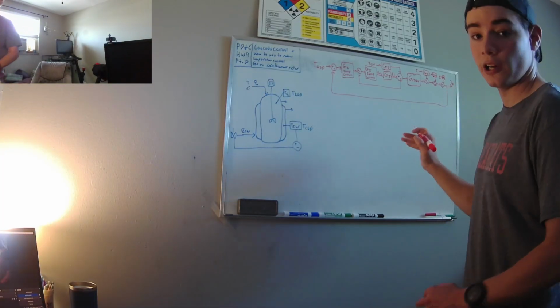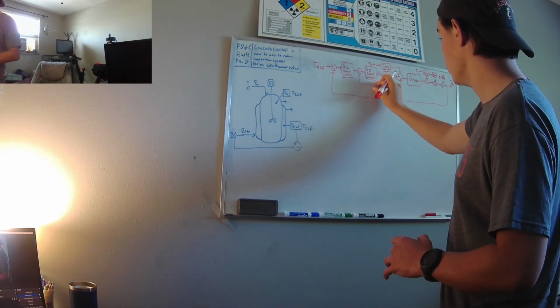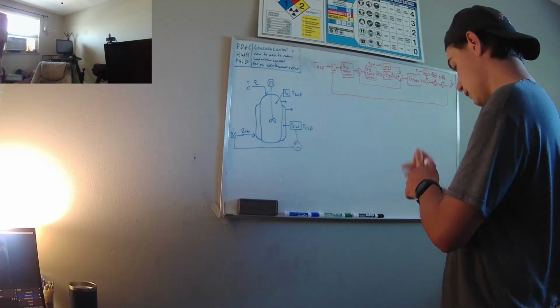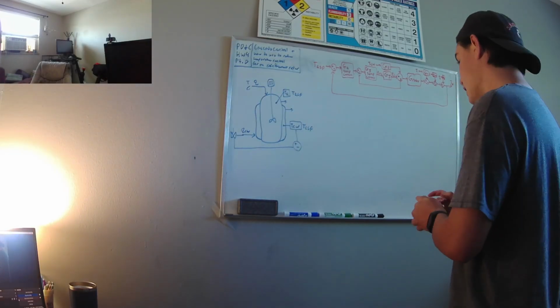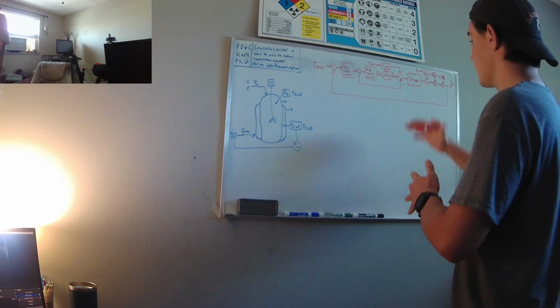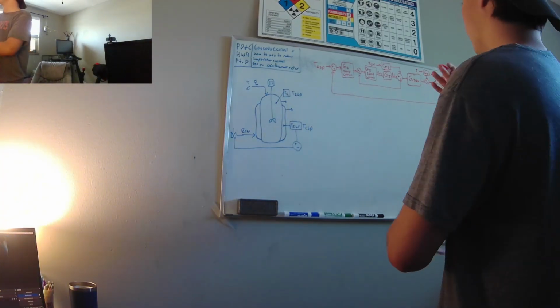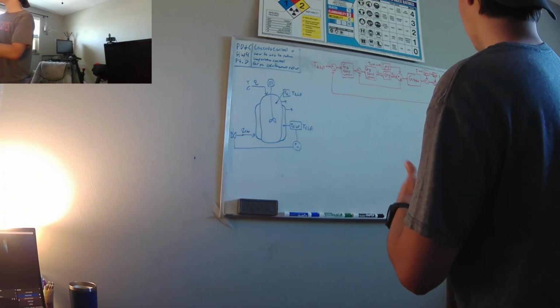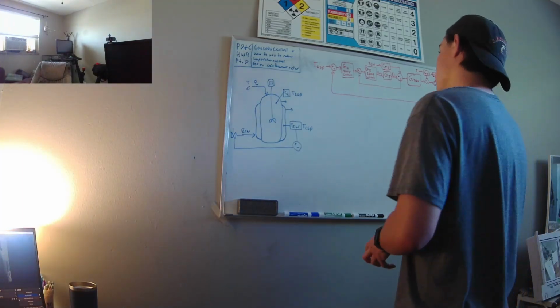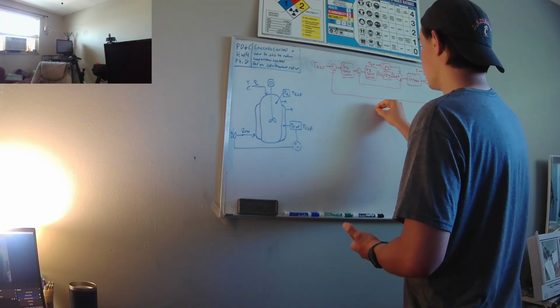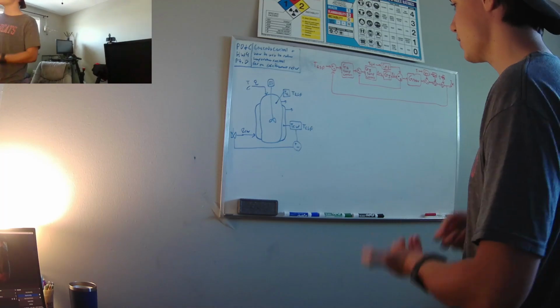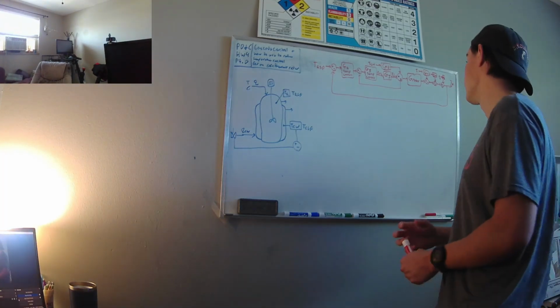As you can see here, we've got an inside loop and an outside loop, which gives this the name cascade control, as it's a cascade going from the inner loops out to the outer loops. The reason this helps for a system like this is we have so many different variables coming in here.